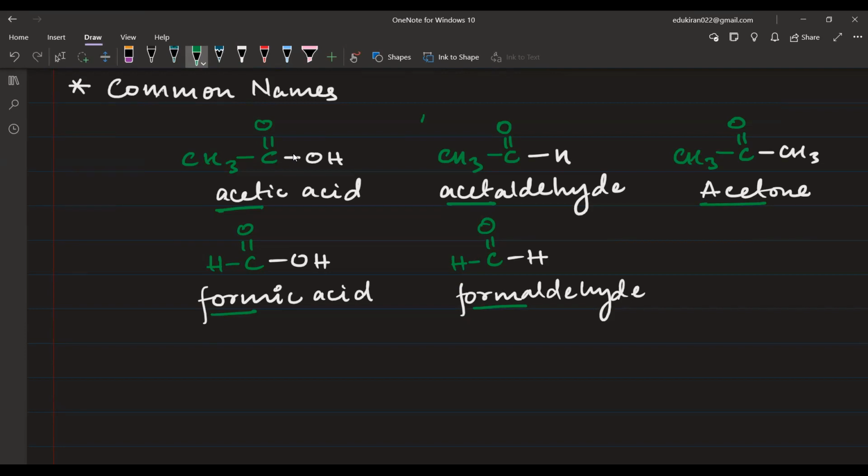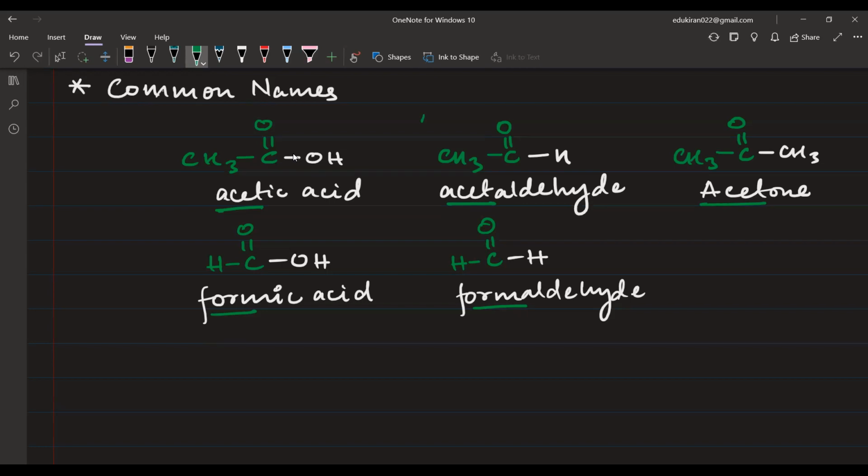In all the textbooks, most of the time they refer to this compound as acetic acid. Similarly, this is methanoic acid, but you are not going to call it that. You are going to call this formic acid. Similarly, this is formaldehyde and it is not methanal. So please remember these common names. These are used as if they are the IUPAC names only.